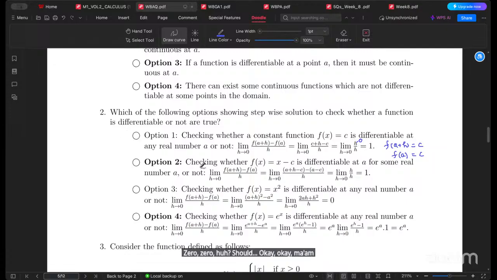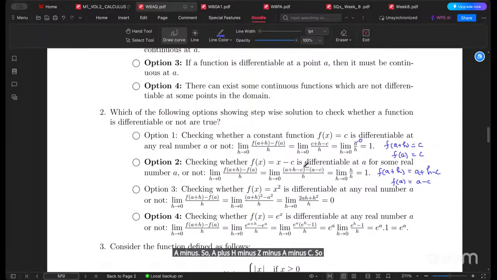Okay, so the next one, you see that f of x is equal to x minus c. In this case, what is f of a plus h? Instead of x, you need to put a plus h, so a plus h minus c. And f of a is a minus c. So a plus h minus c minus a minus c.